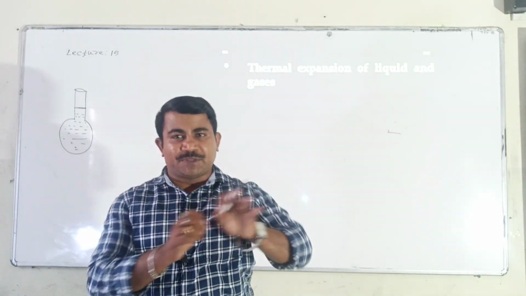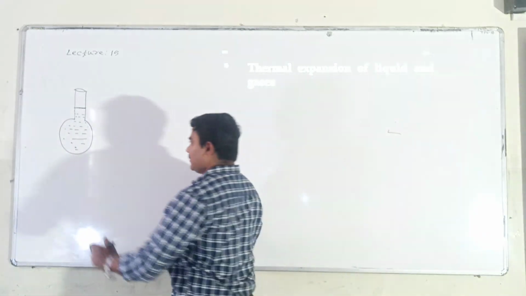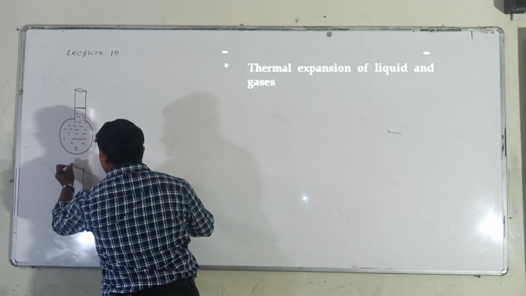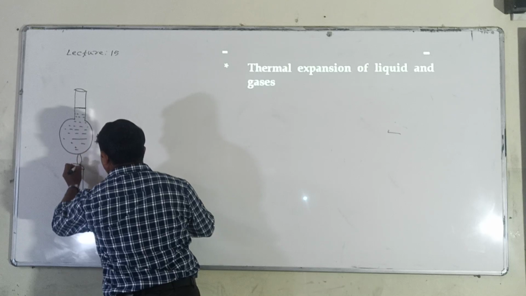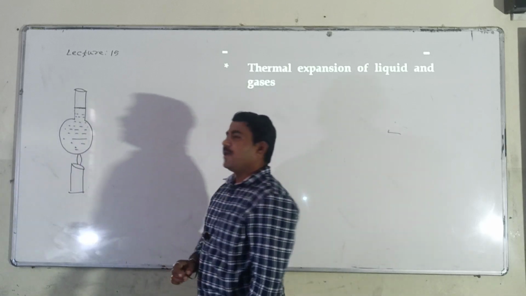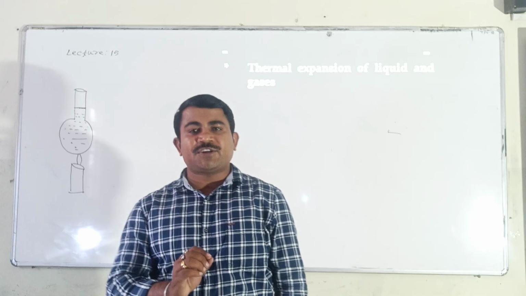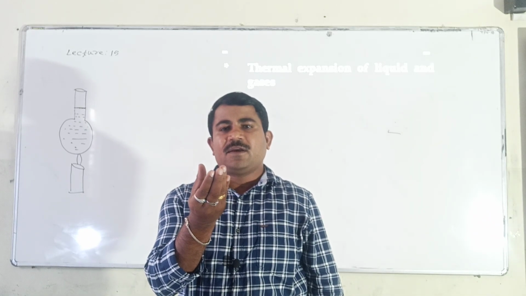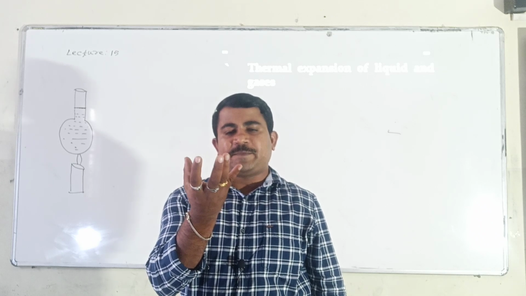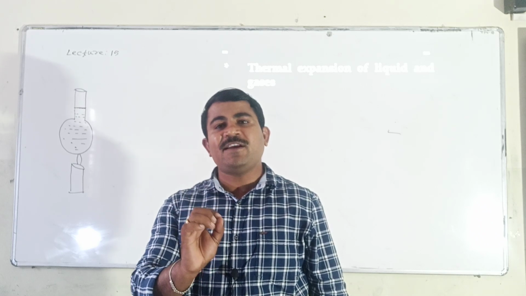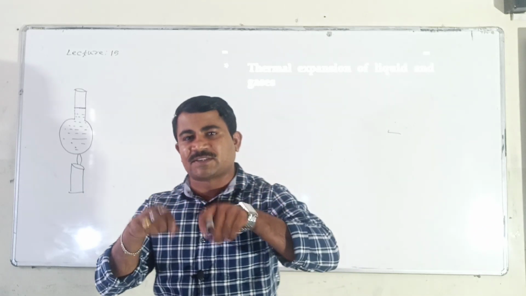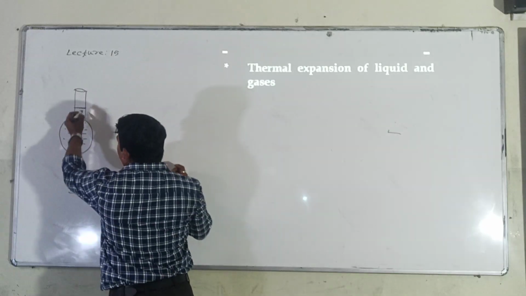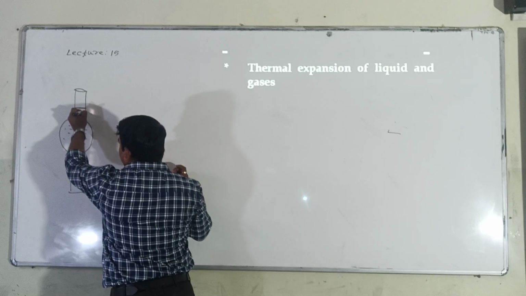When heat is given to this liquid, actually what happens? See here, I will provide some amount of heat. When heat is provided, initially the vessel expands. As a result, initially the level of the liquid falls. Due to expansion of this vessel, the level of the liquid falls from this value to this value.